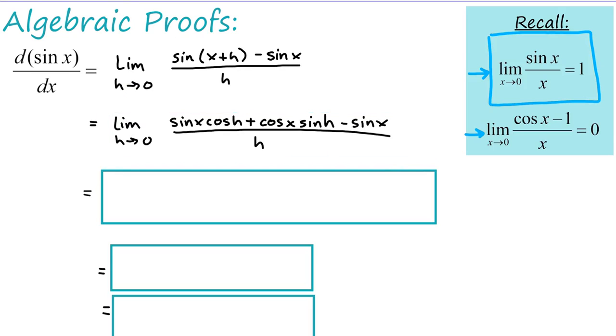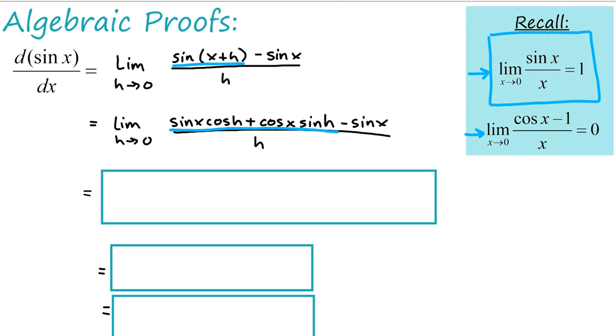So here we go. The sine of x plus h can be rewritten as sine of x cosine of h plus cosine of x sine of h. We call that a sum identity for sine. Sorry if you didn't get to learn that last year. You'll just have to take my word for it.